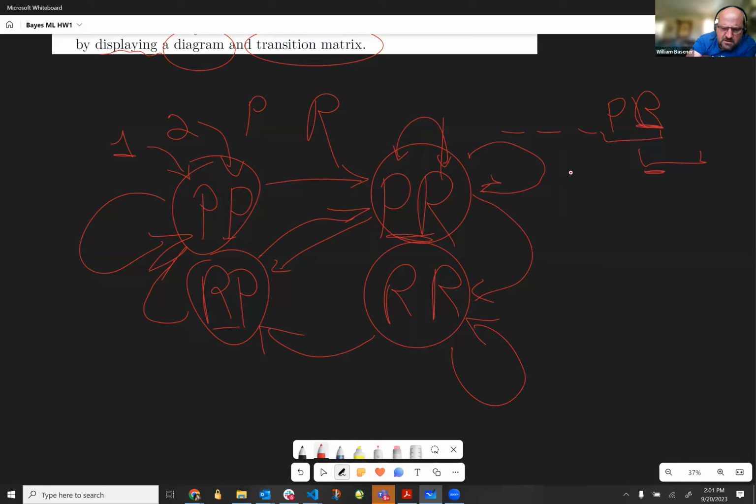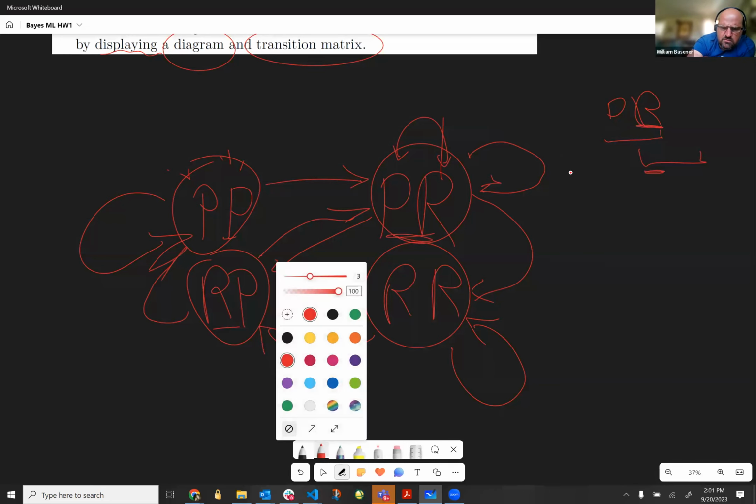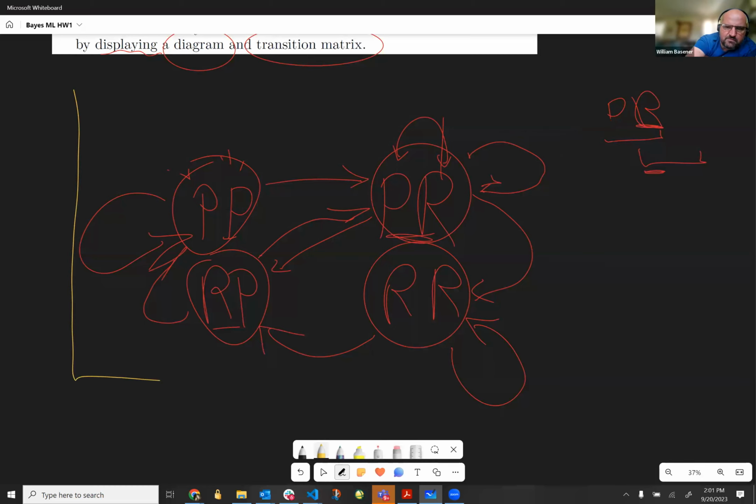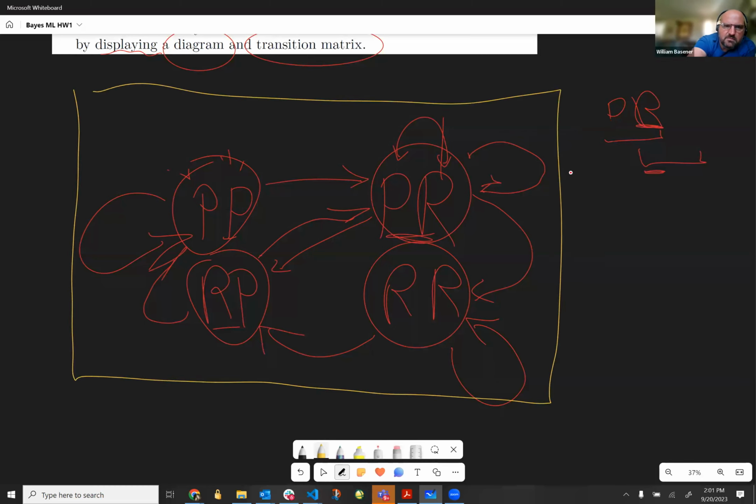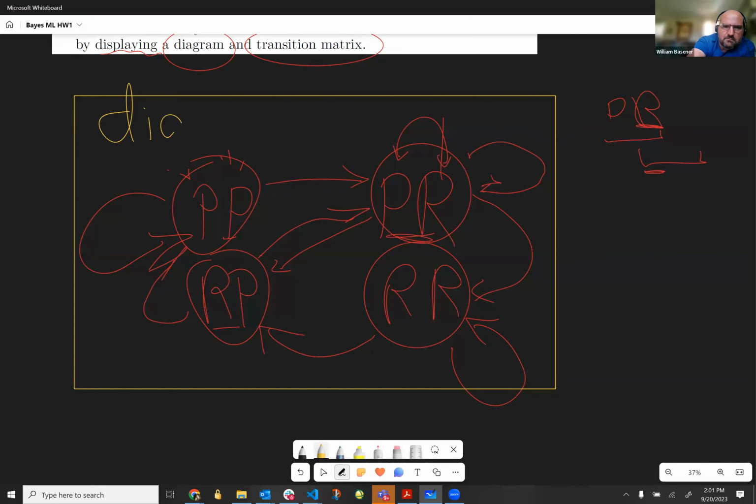So let me tidy up a little bit of my unnecessary things here. And this is my Markov diagram for the Markov process.